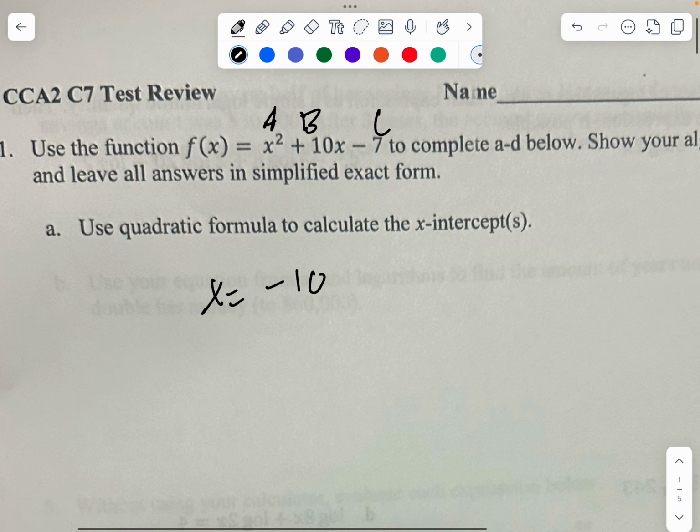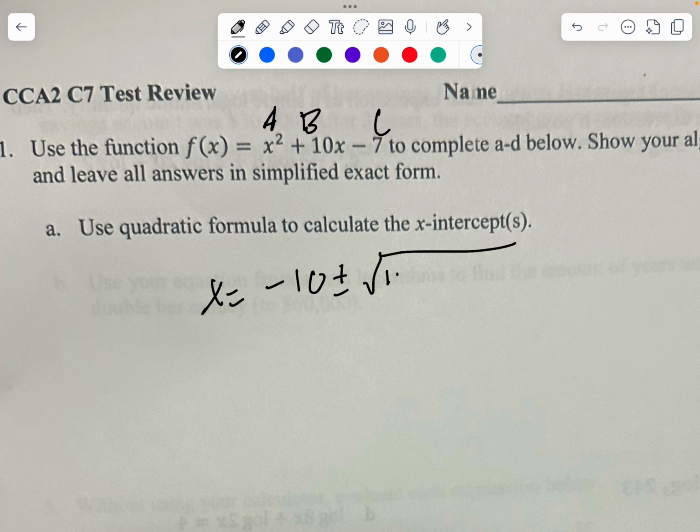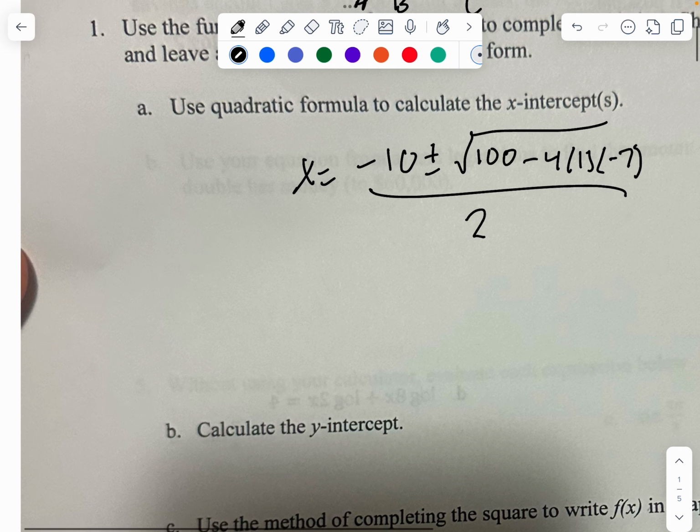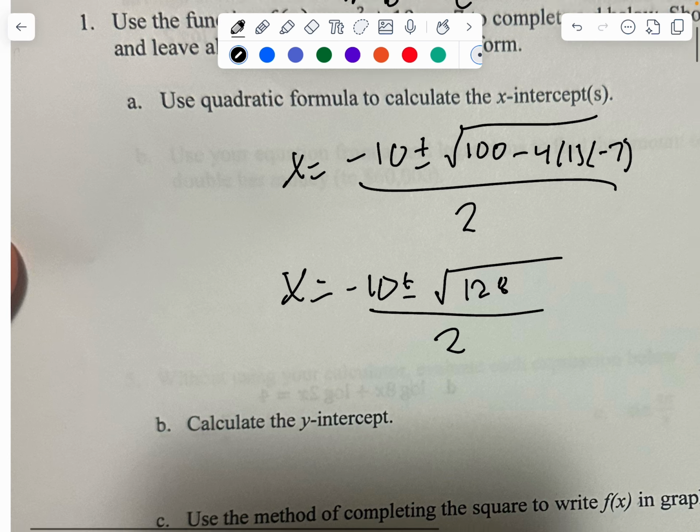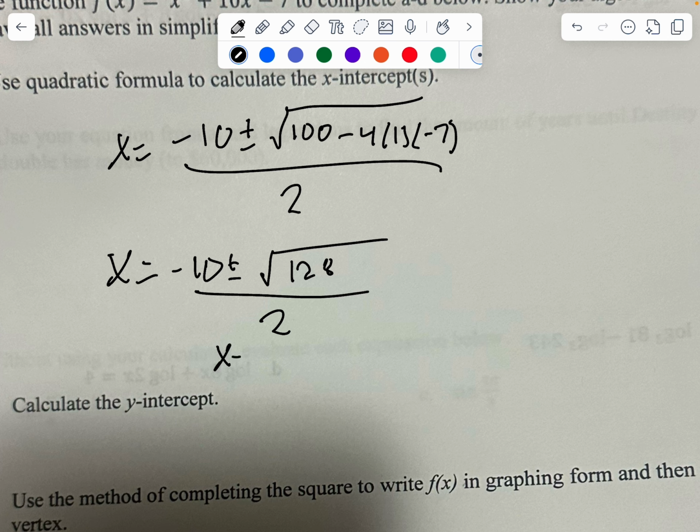Alright, x equals negative b plus or minus the square root of b squared, so 100, minus 4 times a times c, all over 2a. Now I can simplify this. Simplify it more.